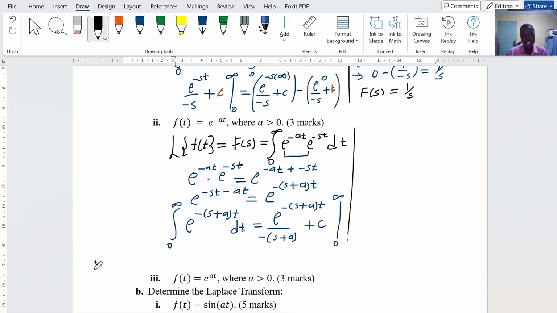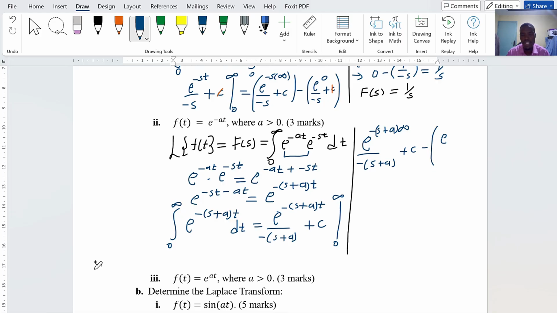Hope that is fine. Now we continue substituting in the higher bound. What do we have? We have e power negative s plus a into infinity, because our t is infinity, divided by negative s plus a, then plus c, minus, what do we have?